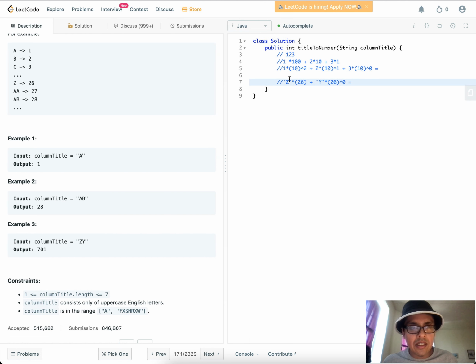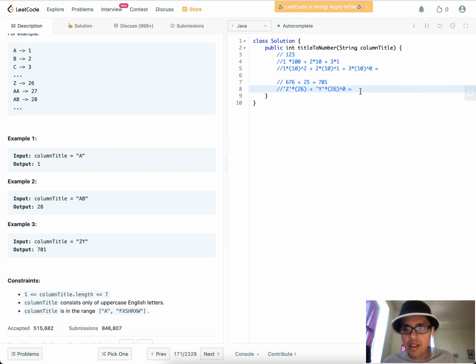Well, Z is equal to, we said, 26, right? So 26 times 26 is, what's that number? 676, right? And then, what do we have here? Y plus 26 to the 0 power is 25. So plus 25, right, equals 701.